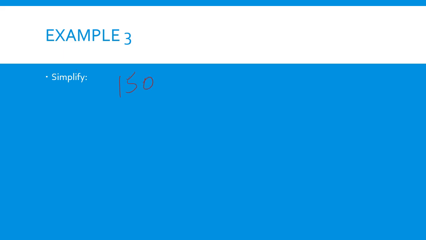15x squared y divided by 5xy. What's our common factor here? What can go into 15 and into 5, and we also use our xy, and that would be 5xy. So our common factor is 5xy. So we go ahead and divide out. The numerator and the denominator are both divided by 5xy.